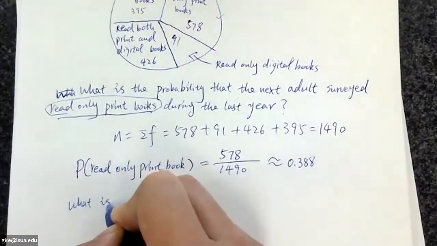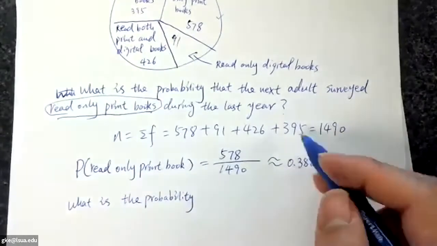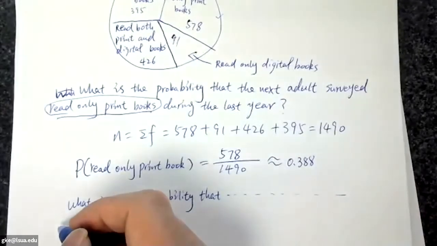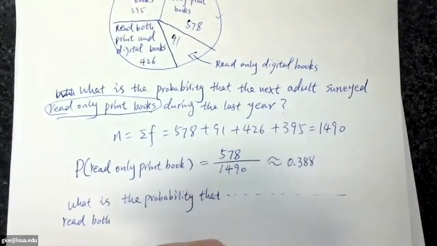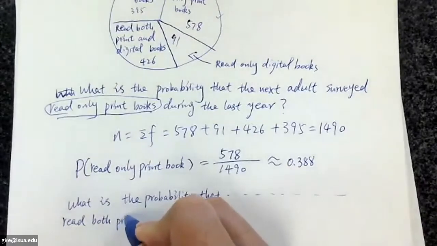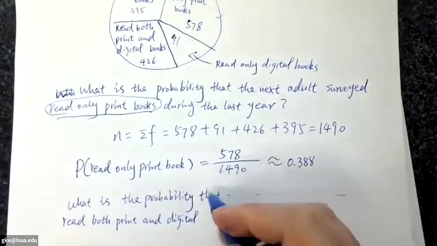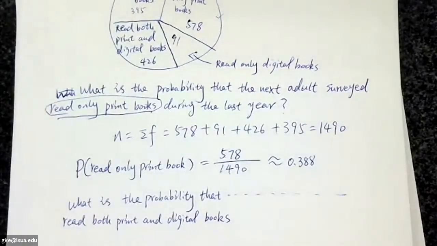What is the probability that the next adult surveyed read both print and digital books? Okay, now try it by yourself.